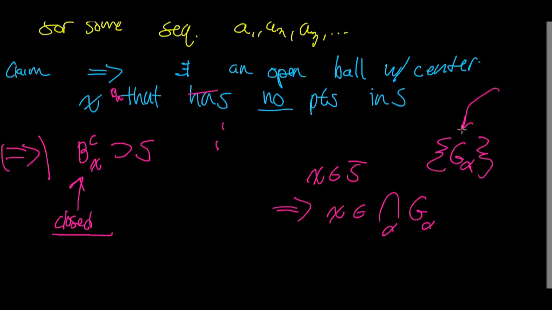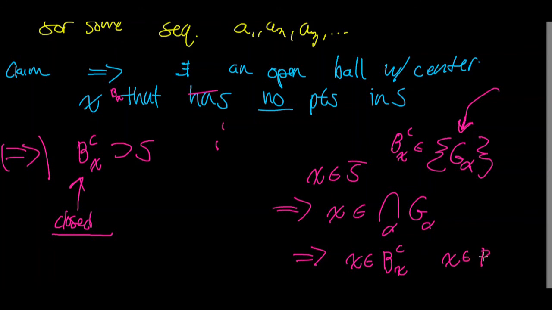This collection of closed sets is all closed sets in the metric space E that contain S. So therefore, this complement of this open ball is in this collection of all the closed sets that contain S. So therefore, since x is in the intersection of all of these closed sets that contain S, x is in each one of these G alpha, and therefore x is in B alpha, the complement of the open ball centered at x. But this is a contradiction.